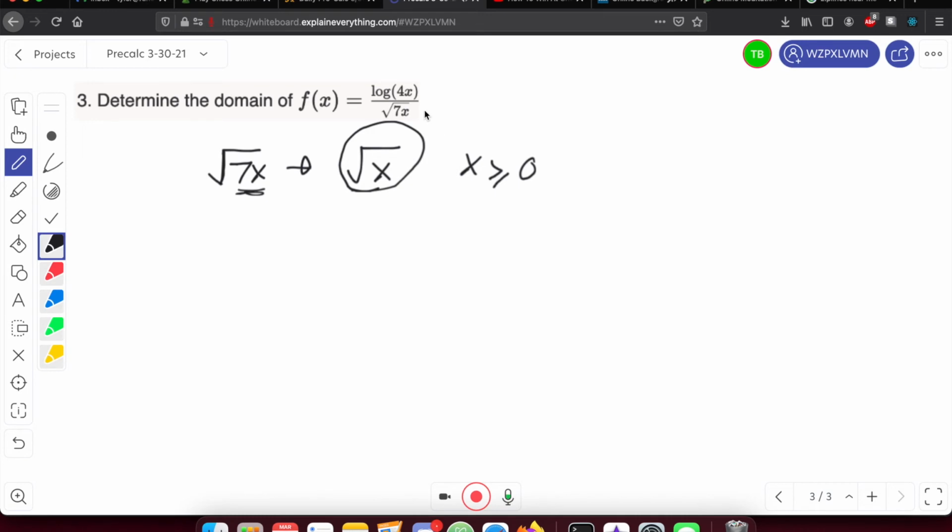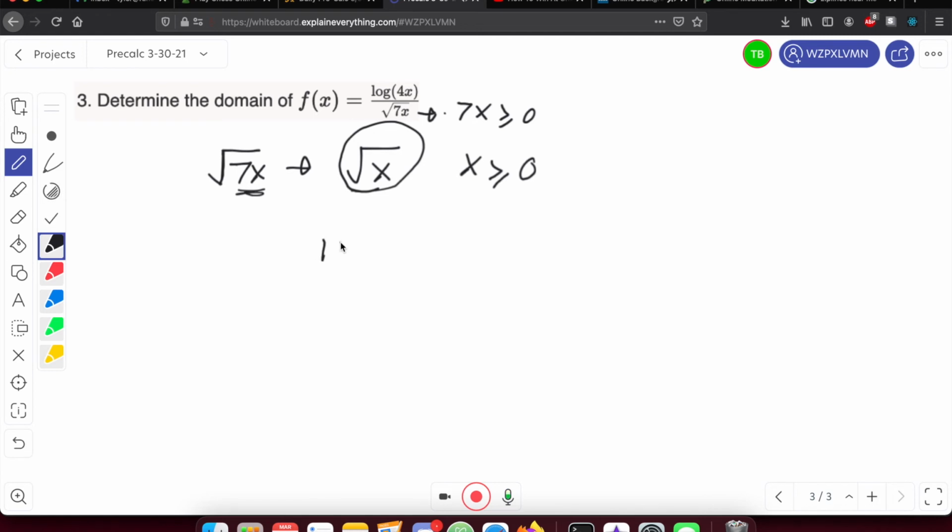We know that the denominator of this has to be defined for only positive numbers or 0, essentially. So square root of 7x, actually, just write it as, really, 7x has to be greater than or equal to 0, right?